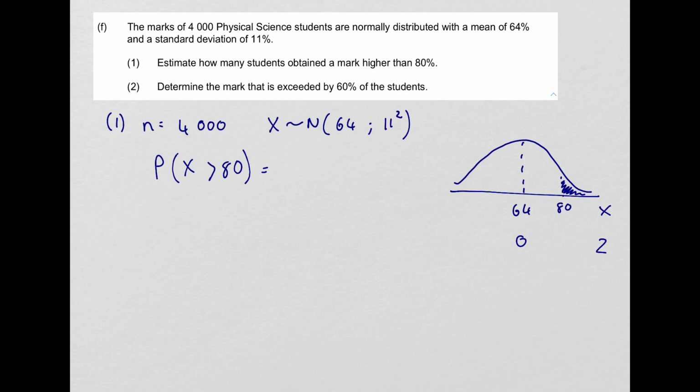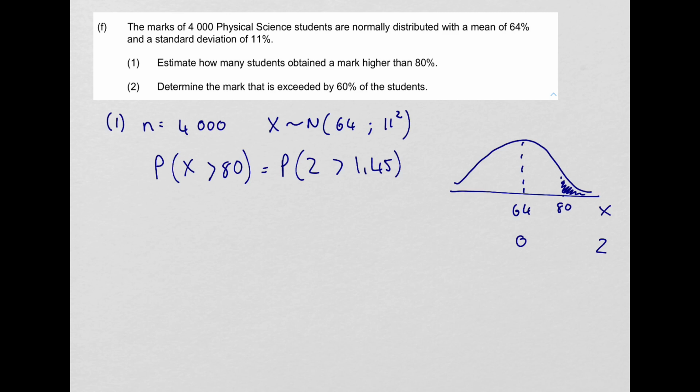Okay, the corresponding z value that you need. Remember, you're going to take this 80 and you're going to subtract the mean, 64, and you're going to divide by 11, and that gives you a total of 1,45. All right, and that's a z-score, but it corresponds to the x value of 80.